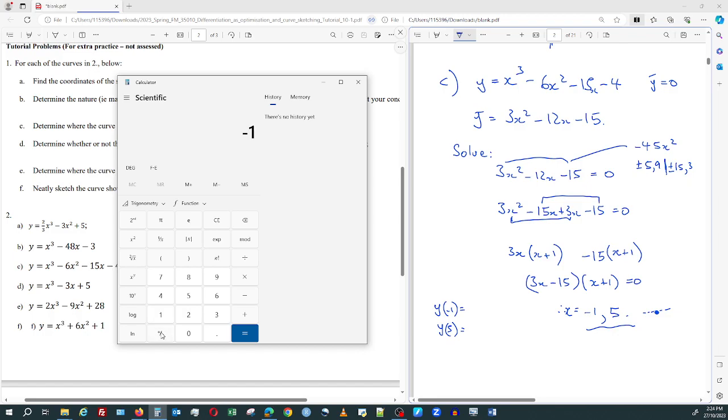So -1 to the power 3 equals, pop that into memory, -1 squared times -6. Pop that into memory. -1 times -15 equals, pop that into memory, and -4.